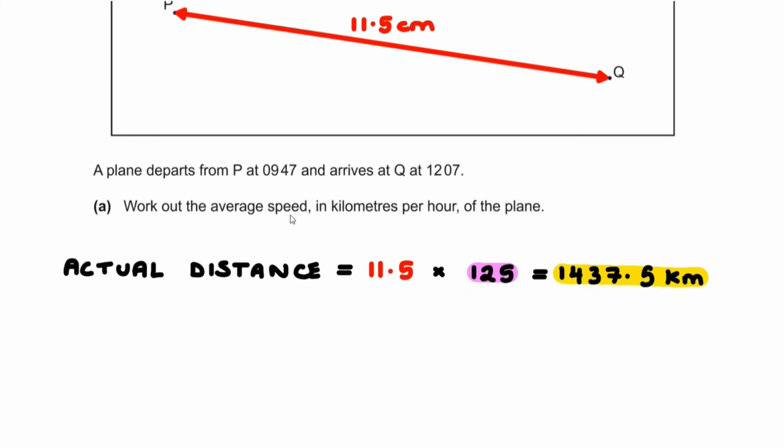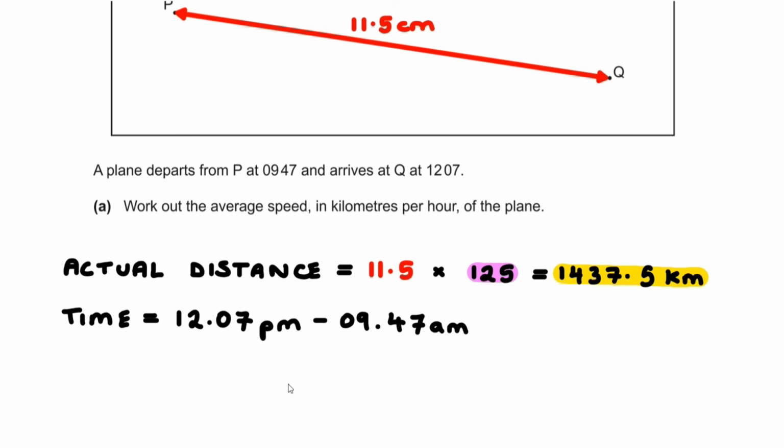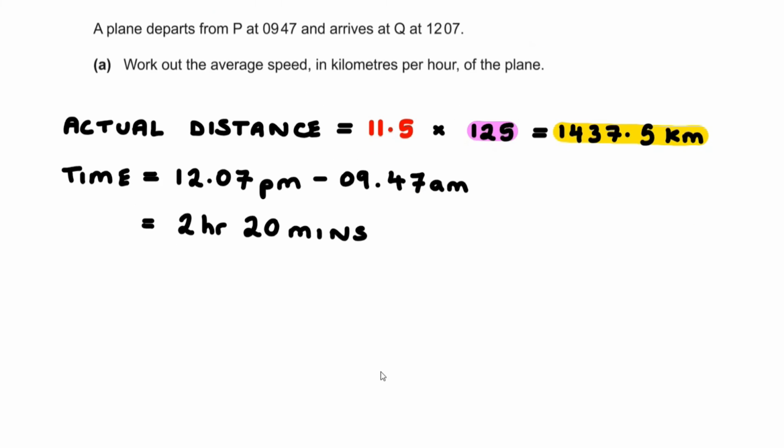We now need to find the time. The time is the difference between 12:07 PM subtract 9:47 AM. So we have 2 hours 20 minutes, and if I work out what this is in purely hours, because I want to find out the speed in kilometers per hour, that's 2 hours and a third of an hour, because 20 minutes is a third of an hour.